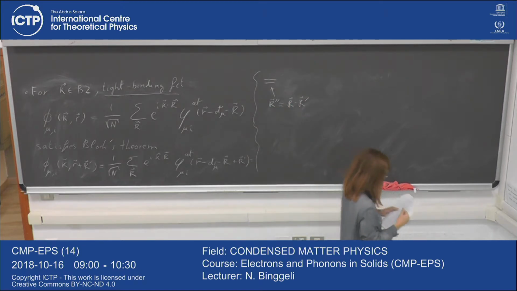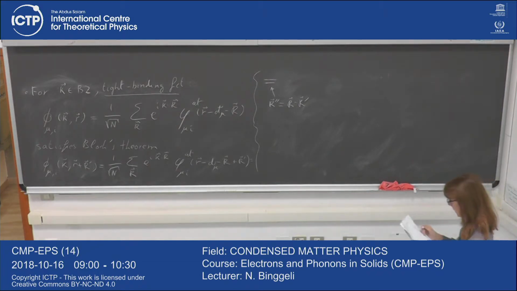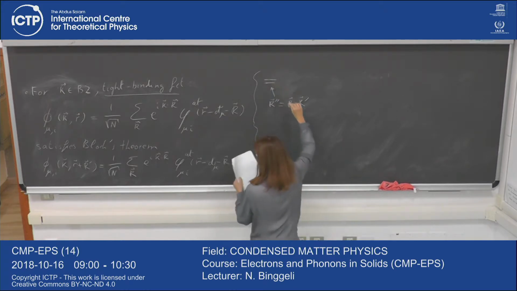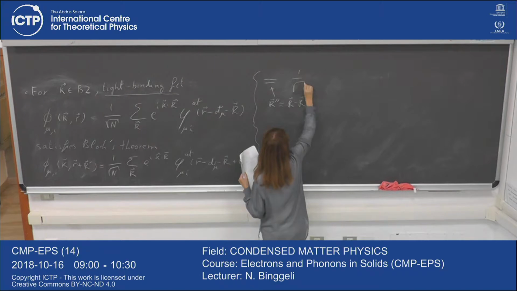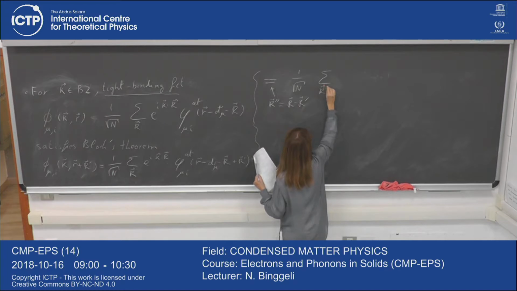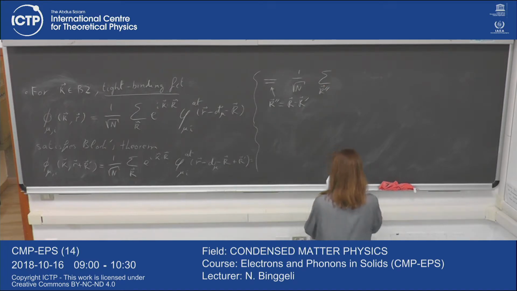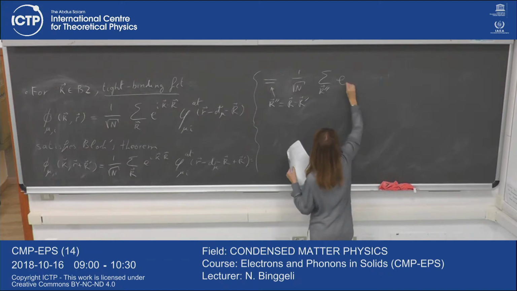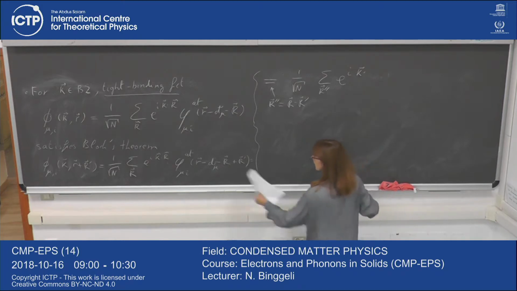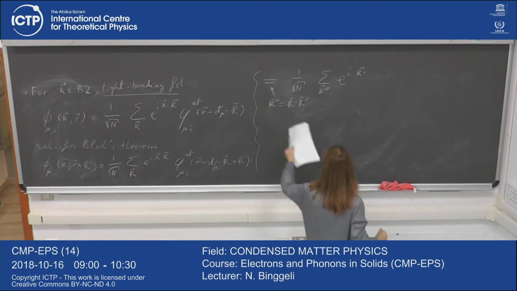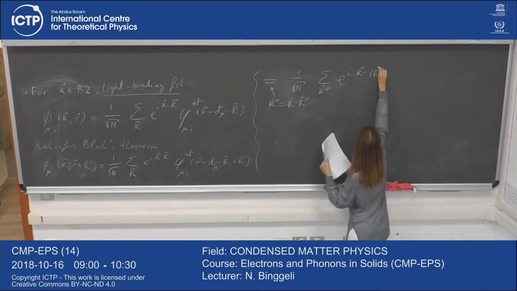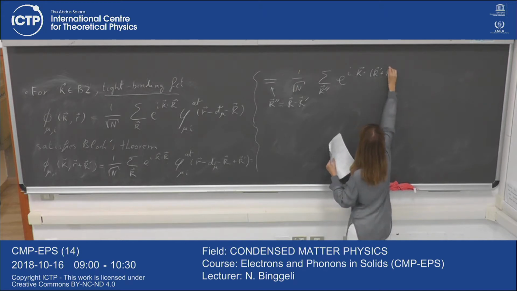So I change variable and use r second prime as this difference, and this way I'm obtaining 1 over the square root of n, sum over r second prime, exponential I k, and here I have r, so it's r prime plus r second prime.